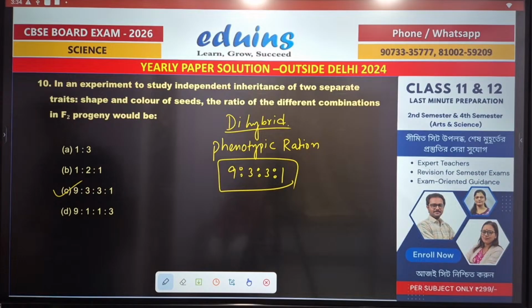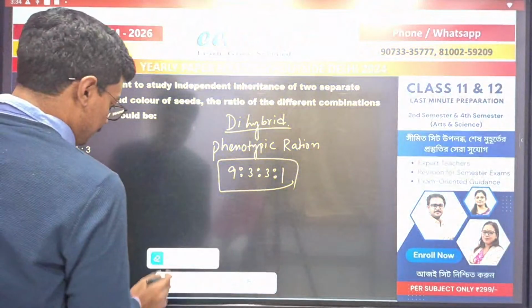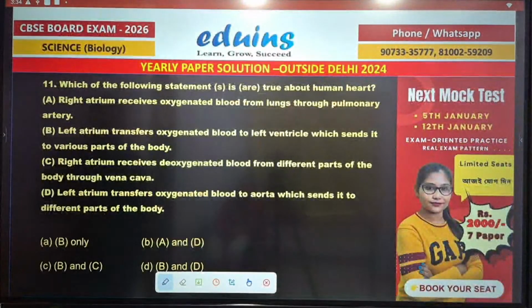Okay, next question. Which of the following statement is or are true about human heart? A: Right atrium receives oxygenated blood from lungs through pulmonary artery.